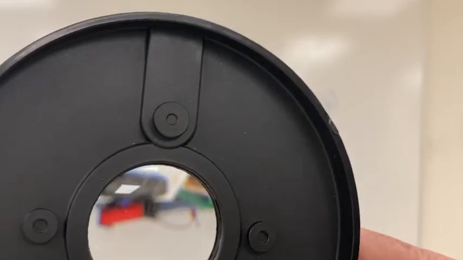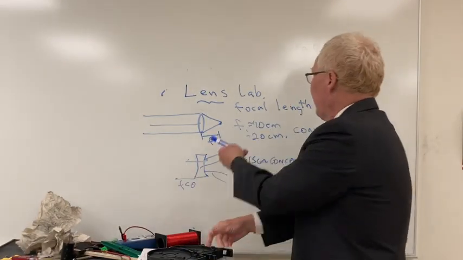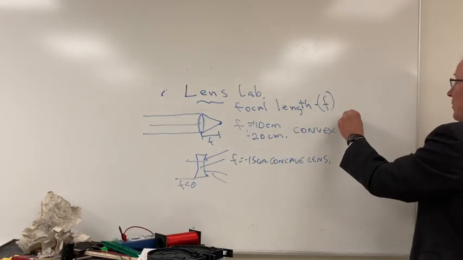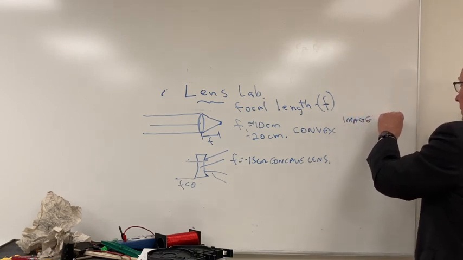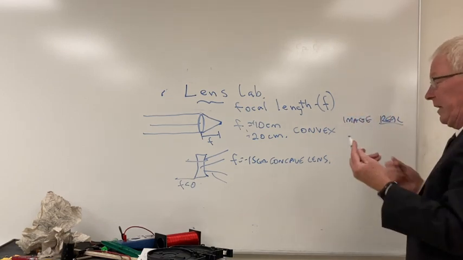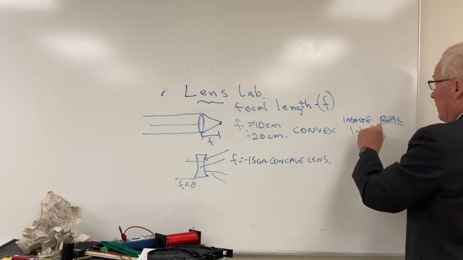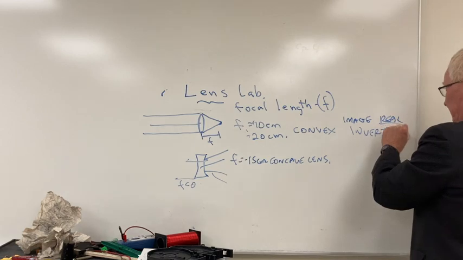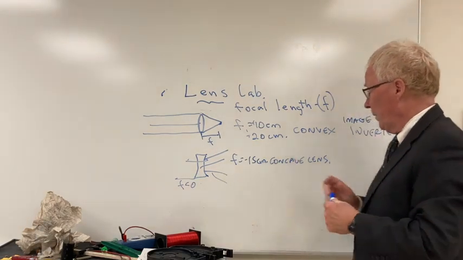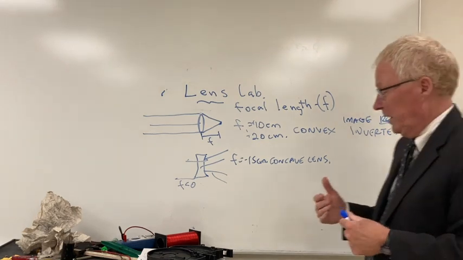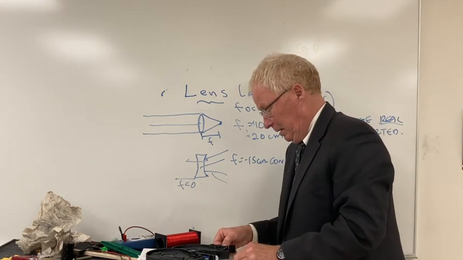It's going to be what we call inverted. The image is real, meaning I can actually form it on a screen, and it'll be inverted. So a real image is the image we can form on a screen. I'll go through the lens formula then. So that's a convex lens.